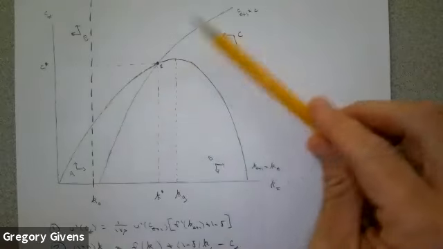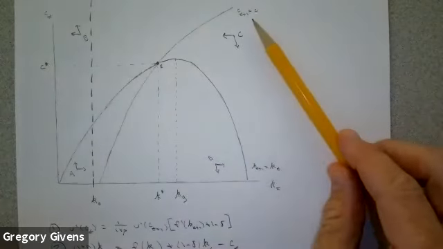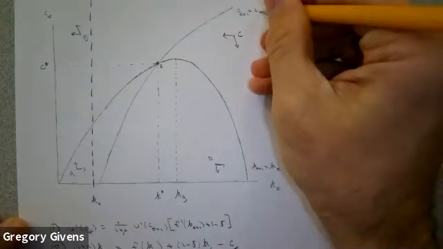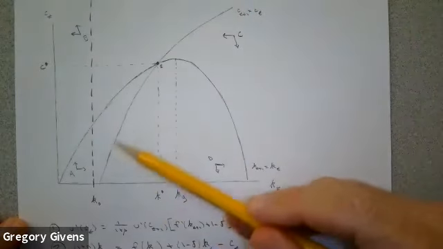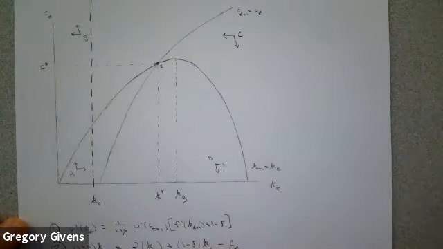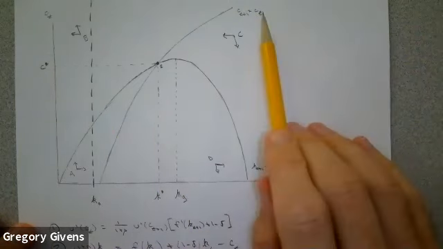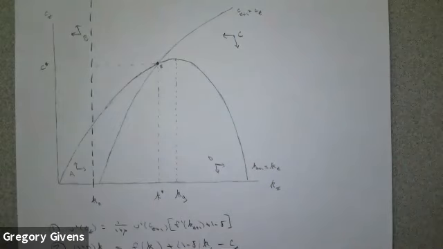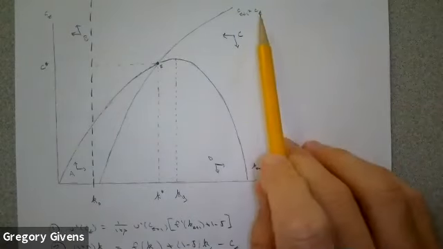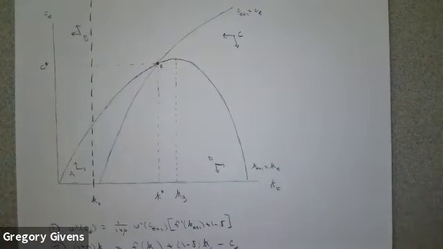This other locus of points we call the C_{t+1} equals C_t locus. In other words, it showed all the combinations of K and C in this positive quadrant that were consistent with consumption being stable over time, fixed between periods t and t+1. Again, if a steady state exists, which we know it does, it must lie somewhere along this locus of points.